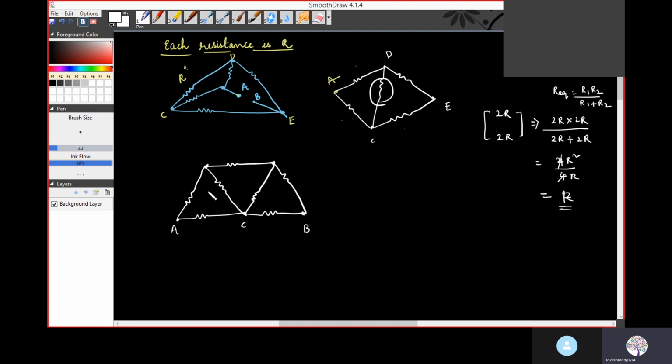Now if you see here, you cannot write resistance in series and parallel. Let us write each resistance is R. So what you have to do is, this is like a mirror image.